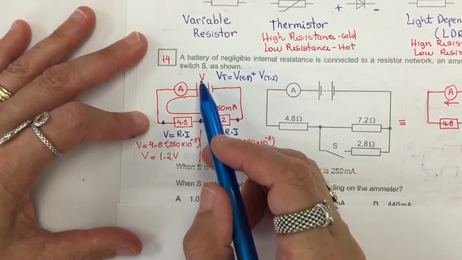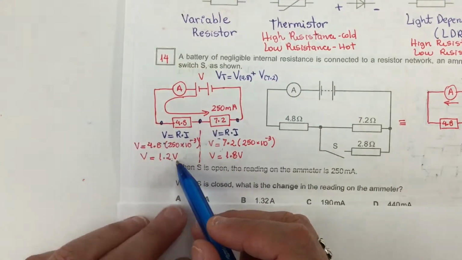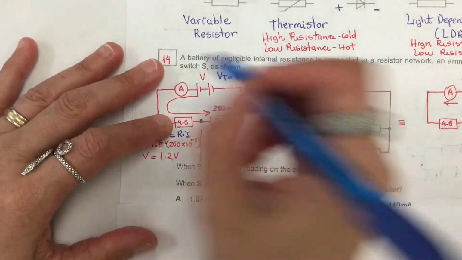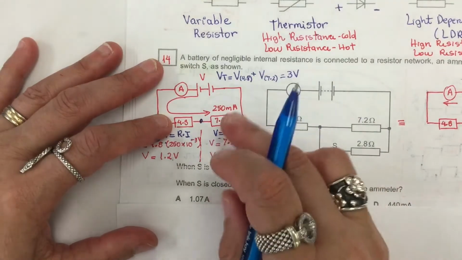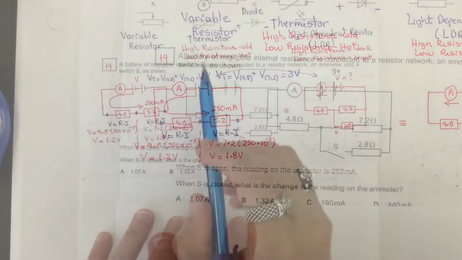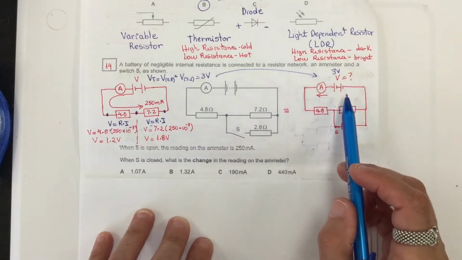So the value of this voltage is 1.2 plus 1.8, which is 3 volts. So that is the value of our voltage. Now we are going to use these 3 volts for our situation right here.